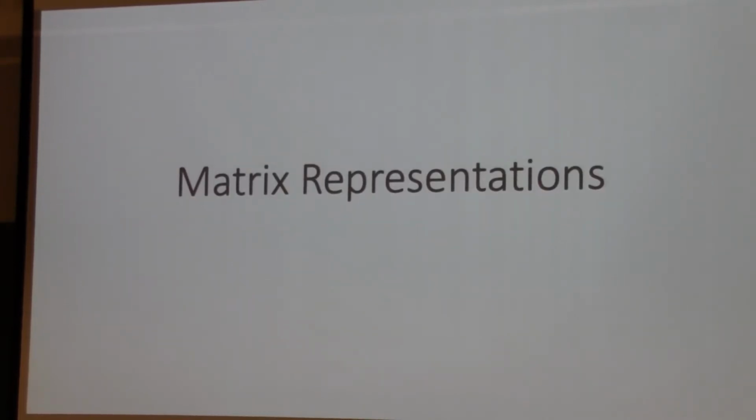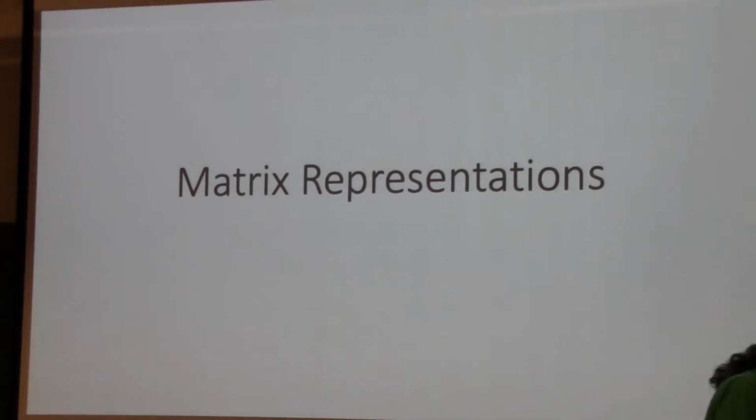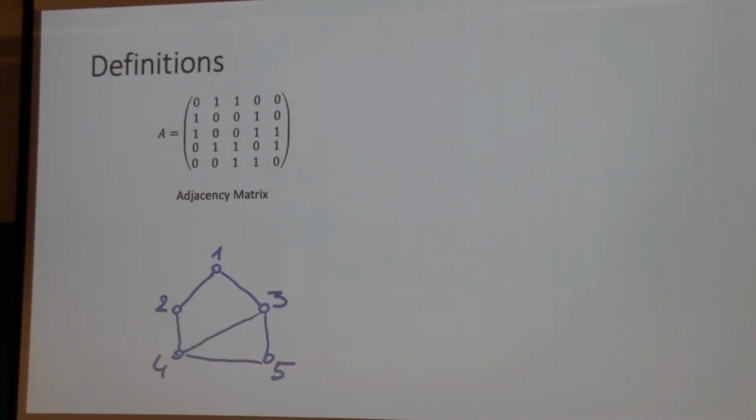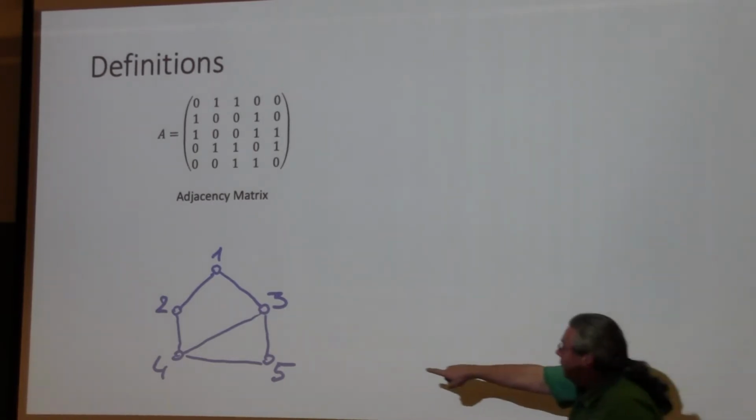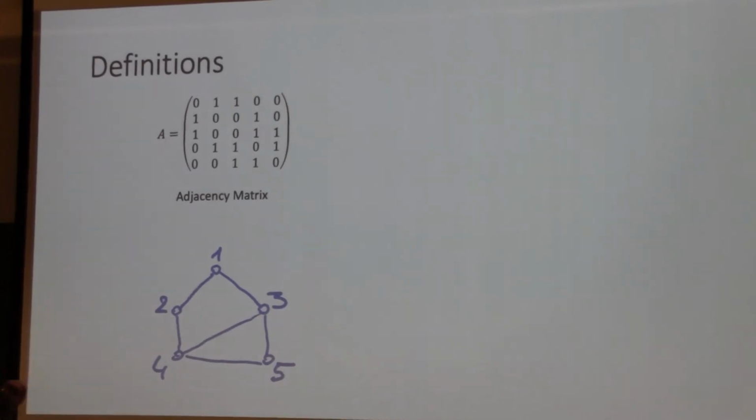The next step is we're going to go to a representation. We're going to code all of what we did now in terms of matrices. So here's our little graph. We're going to first represent it by what's called an adjacency matrix.